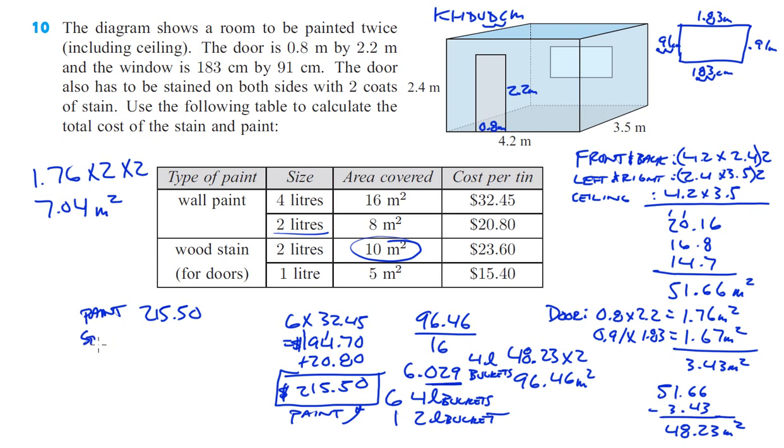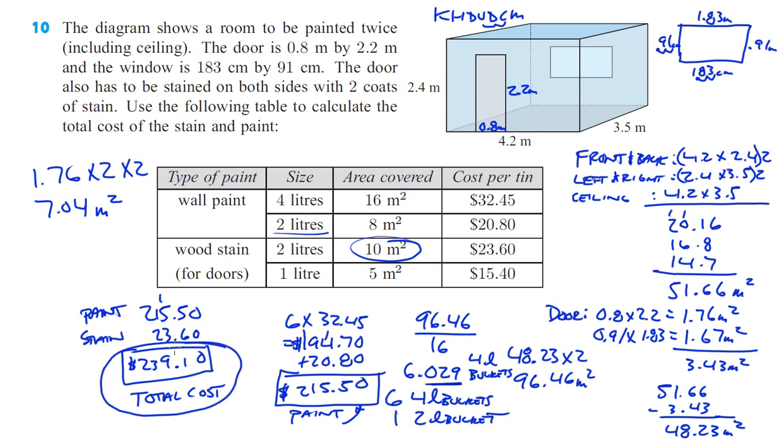So stain is going to cost us a total of $23.60. All right, so we add those up, and we end up getting $239.10. Okay, and that is our total cost for the whole shebang.